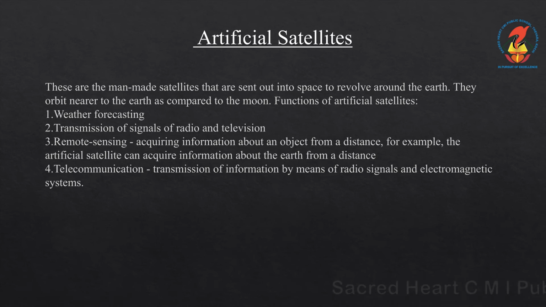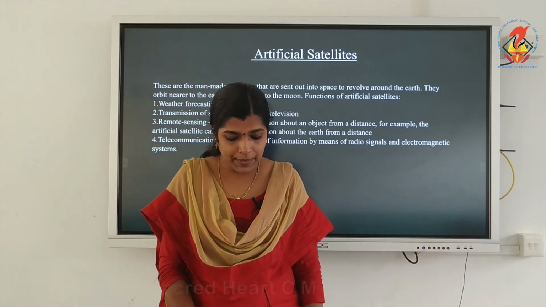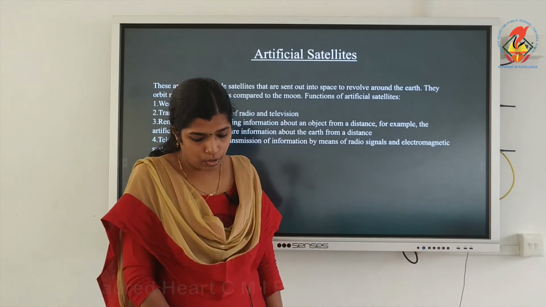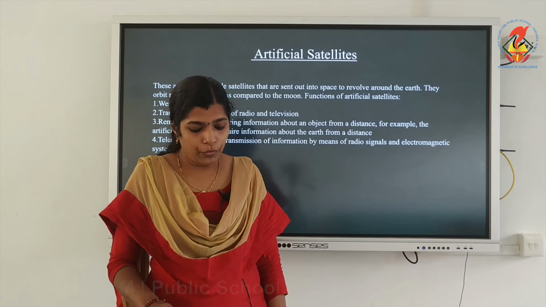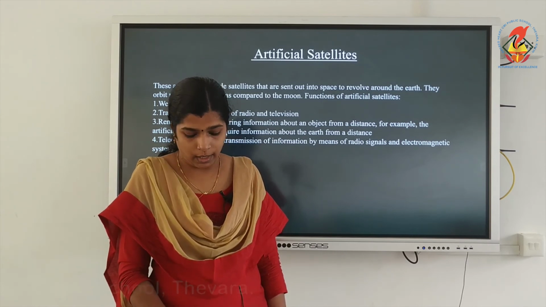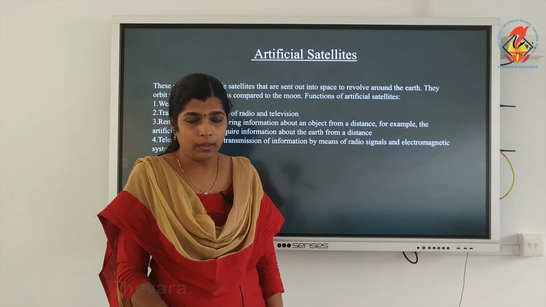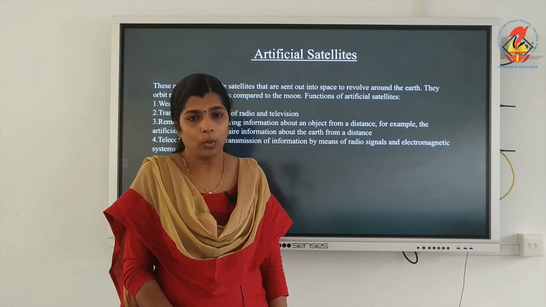Then artificial satellites. Scientists of several countries, including India, have sent artificial satellites into space. These satellites revolve around the Earth. The first satellite was sent by the USSR on 4th October 1957. It was called Sputnik 1.